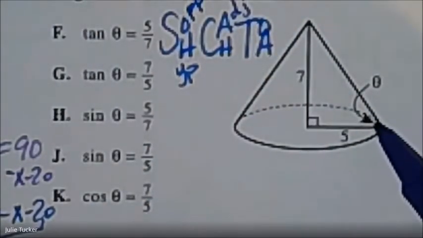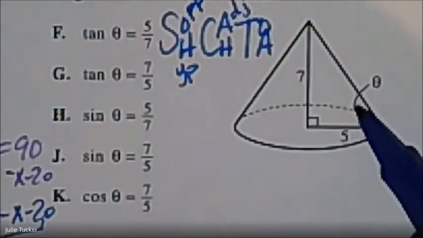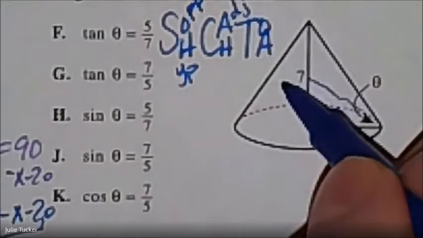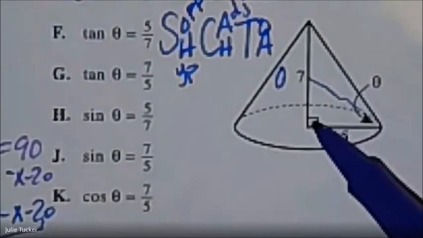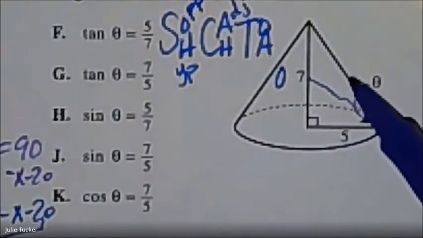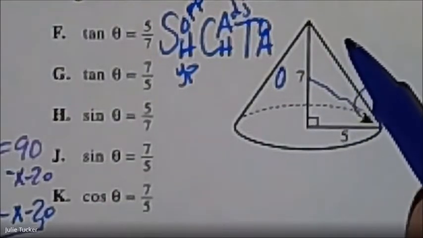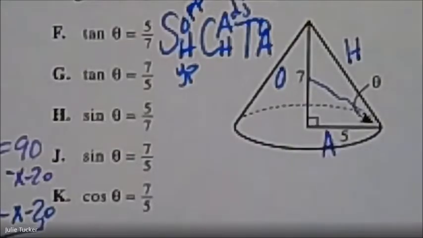So you start at the angle the problem is about, and you go through the inside of the triangle, and this is your opposite. Then you start at your 90 and you go through, and this is your hypotenuse. And then this is your adjacent.